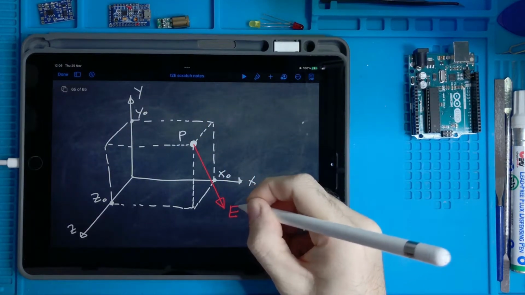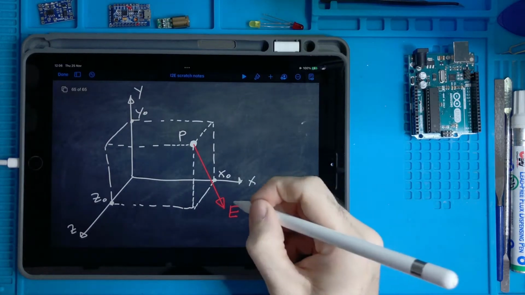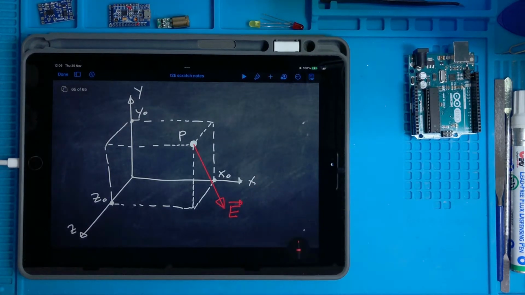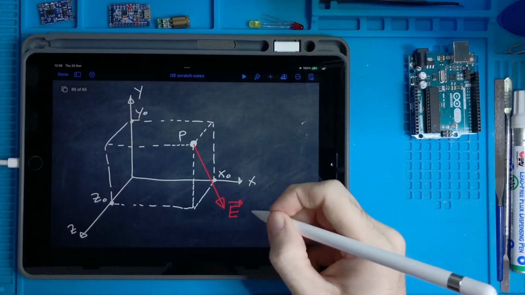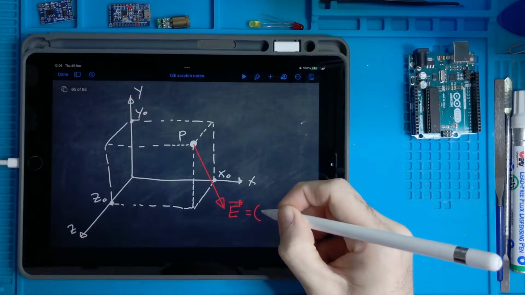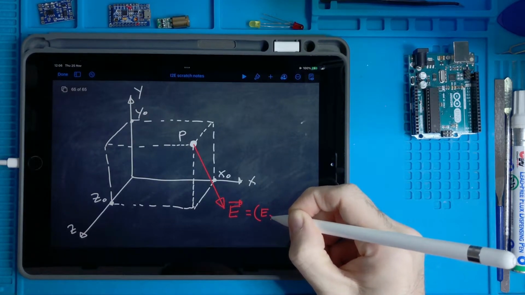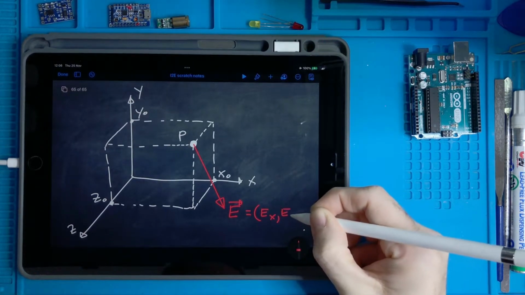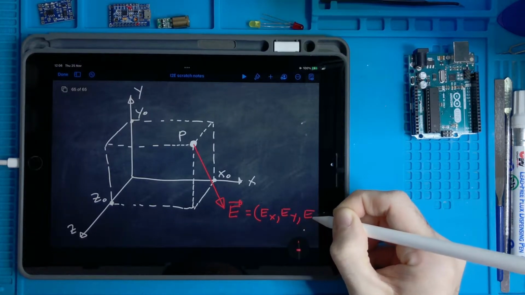And then attached to this point we can have an electric field E, that if you prefer you can put the sign of vector in front of it, and this is a vector like this, Ex, Ey, and Ez.